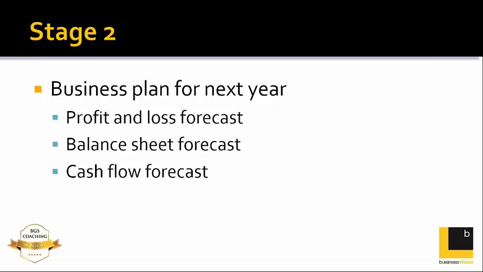Then there's a balance sheet forecast, and we'll talk about balance sheets a bit later. And then finally, which is the bit that most people don't tend to do or get confused between cash flow and profit forecast, they don't do the cash flow forecast. And the last one is the most important, because businesses don't tend to go bust through items on the balance sheet or profit and loss. They go bust through lack of cash. That is the definition of going bust.